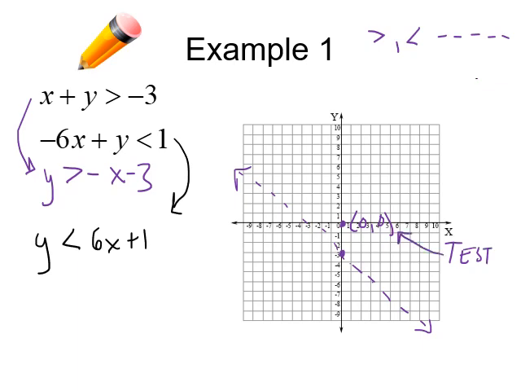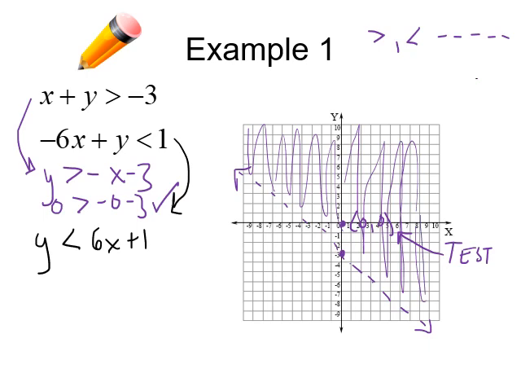That is, I'm going to put 0 in for x and y and see if that is true or false. Is 0 greater than negative 3? My answer is yes. So I'm going to shade the direction that contains the point 0, 0. I'm going to shade all of this region. This half of the graph contains the point 0, 0. So that is my correct region for that particular inequality.